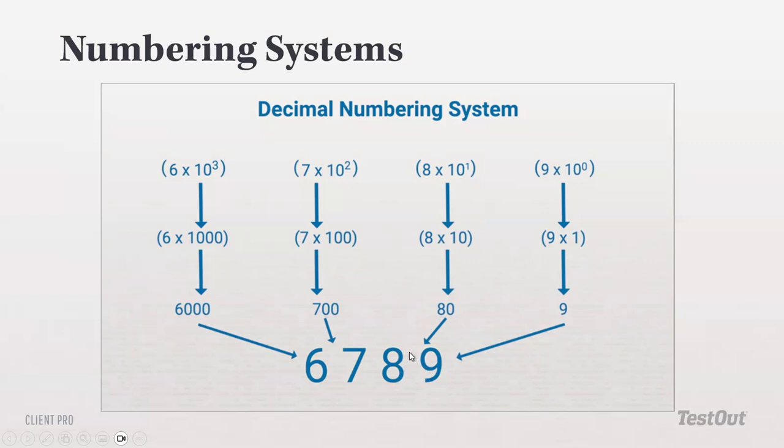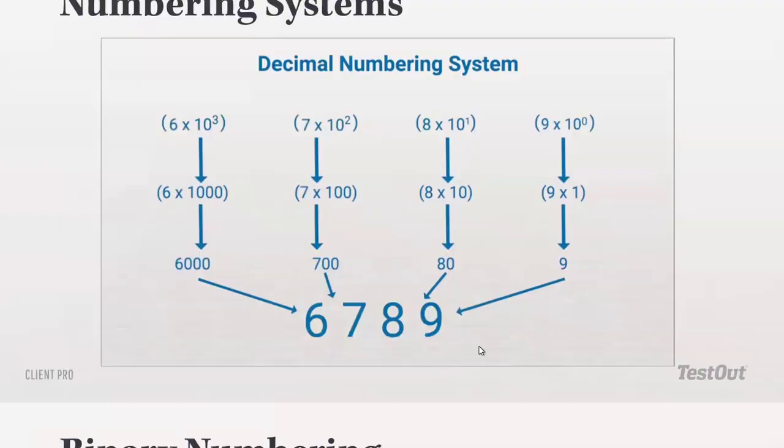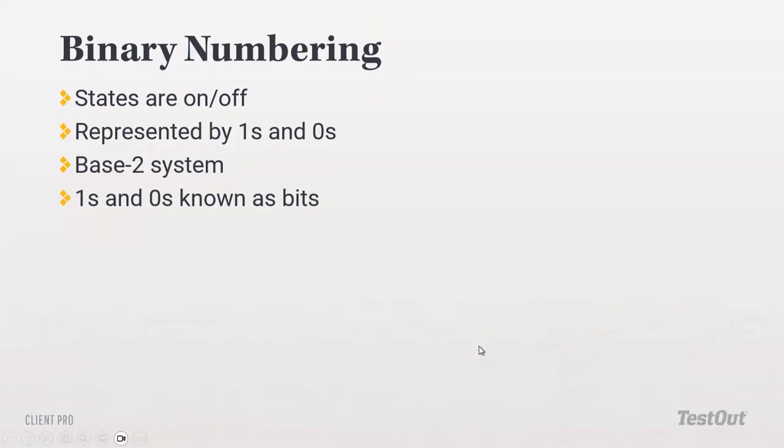And if this is singles, this is tens, then the 7 must be hundreds. And you're absolutely right. So 7 times 10 to the 2. Notice we started counting with 0, 1, 2, 3. Okay, and 10 to the 2 is in fact 100. So 7 times 100 is 700. That means that the 6, 10 to the 3 must be 6,000. That's, 10 to the 3 is in fact 1,000. So 6,000. So this number is 6,789. And that's how it works with the decimal numbering system.